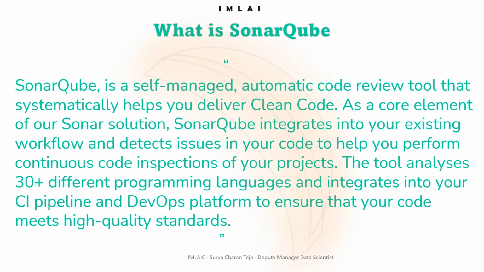In this part of the seventh module, we will focus on static code analysis with a well-known tool called SonarQube. We will provide a brief overview of it and we will install SonarQube.